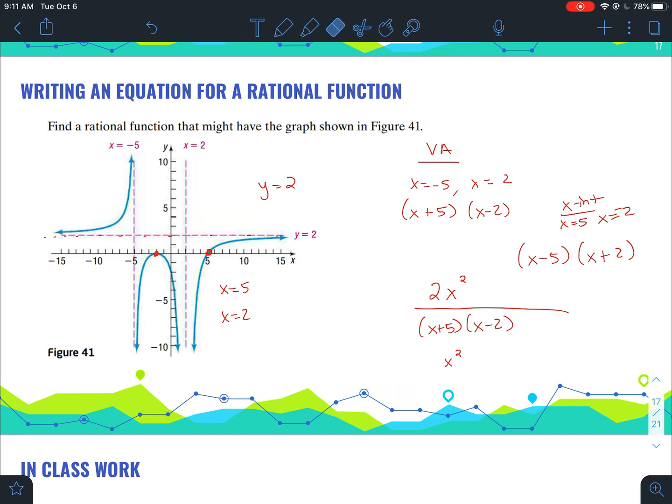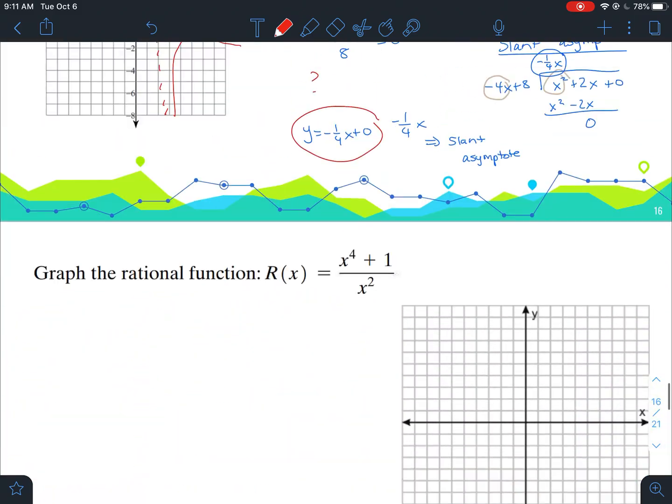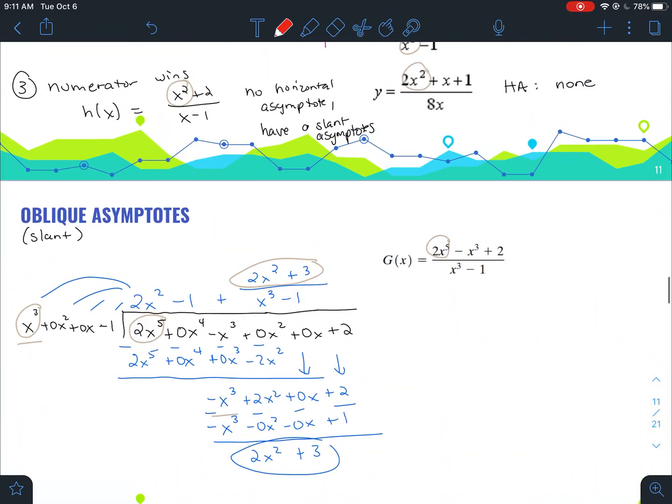That means if I put them back in the parentheses, I would need an x minus 5 and an x plus 2. And remember, x-intercepts happen in the numerator. So we have an x minus 5 and an x plus 2 in the numerator. And then I need a 2 out in front for that horizontal asymptote. Since we found our zeros and our asymptotes, this equation should match that graph pretty well.